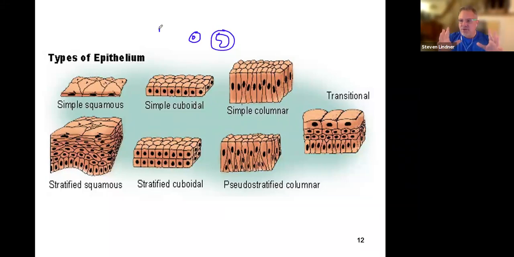So connective tissue is when you have cells that aren't on top of each other, that are further apart, but there's lots of extracellular matrix and stuff between the cells. Epithelium, we have cells packed closely together with little extracellular matrix. That is a really important concept to get into your mind.